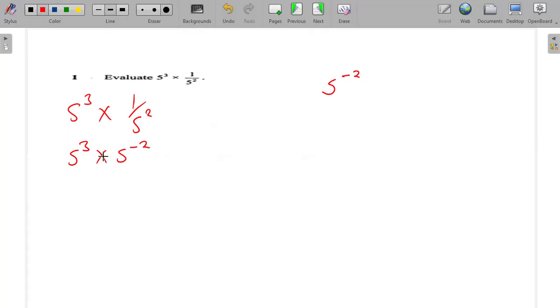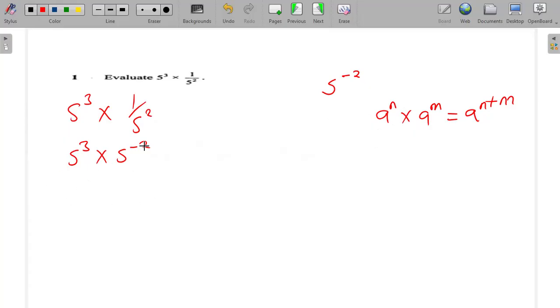That's the expression that we have. Now we can apply the other law of indices, which states that if you are multiplying numbers, and only if the bases are the same, let's say you have a to the power n multiplied by a to the power m, this is the same as a to the power, because the bases are the same, we can just add the powers, so n plus m, to find my answer.